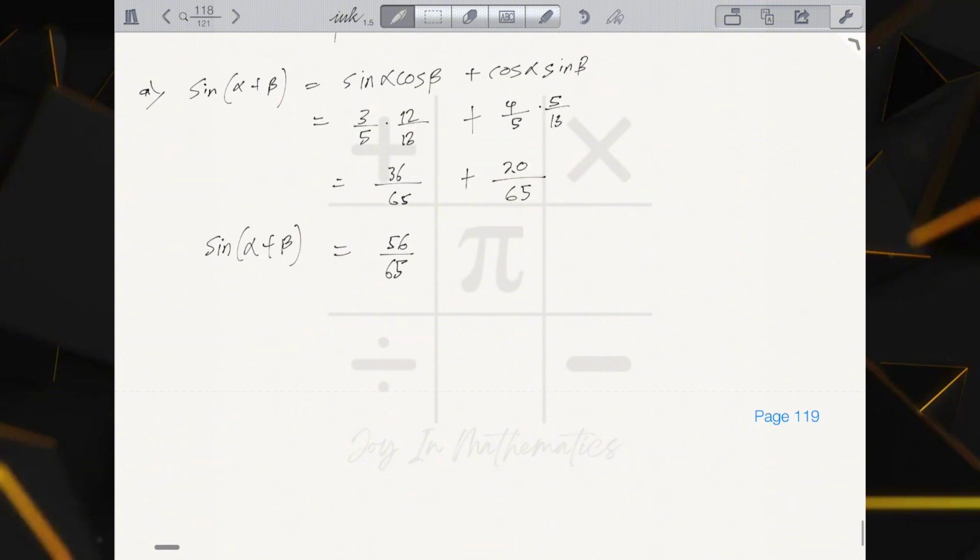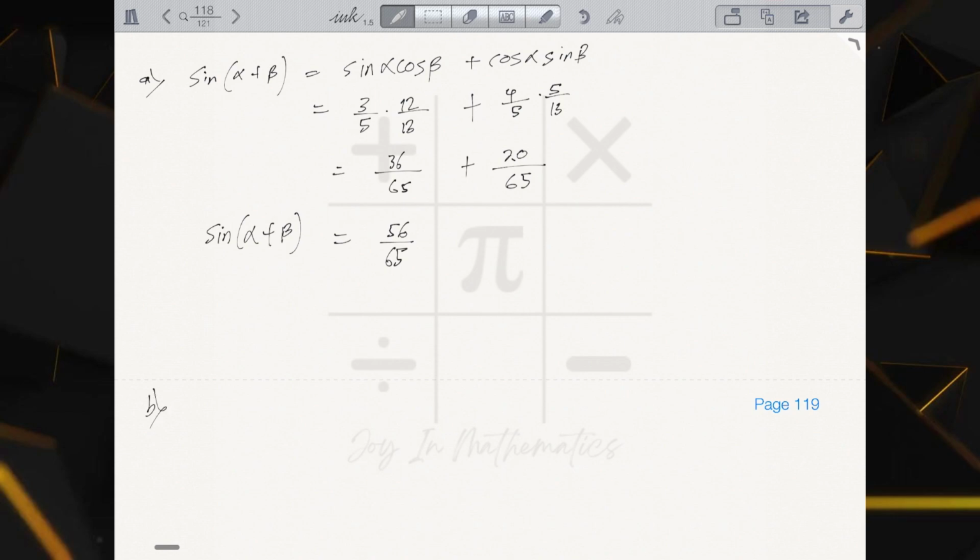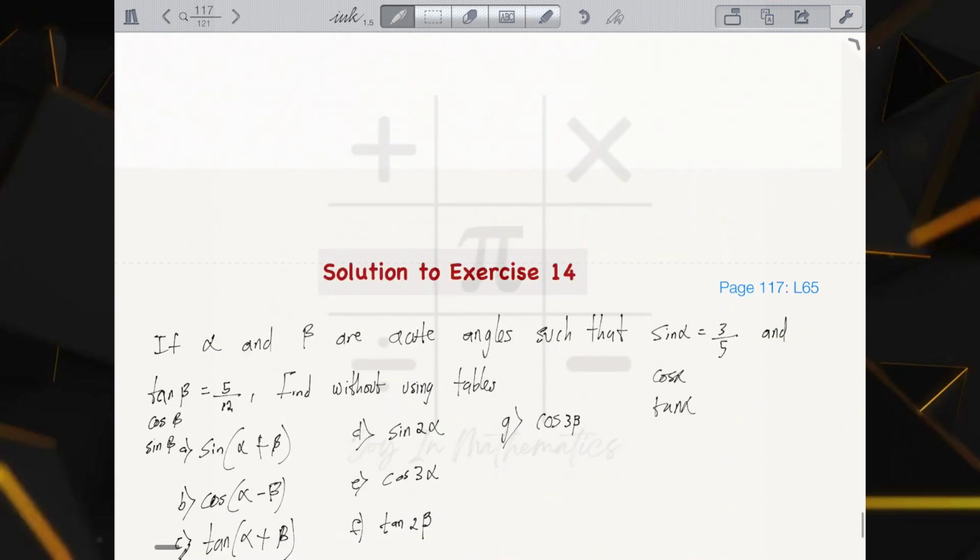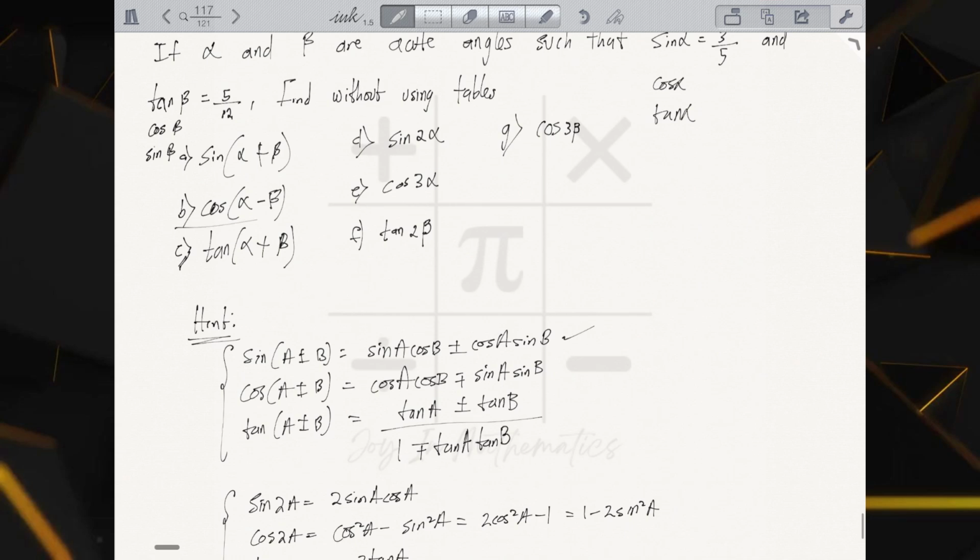Move on to the next question, question 2. We are asked to simplify cos(alpha - beta). So we will be using the expression that cos(a - b) is equal to cos a cos b plus sine a sine b, because positive goes with negative here and the negative expression goes with the positive.